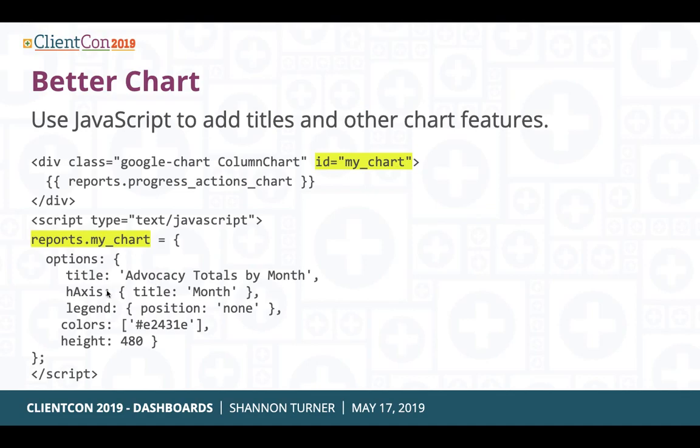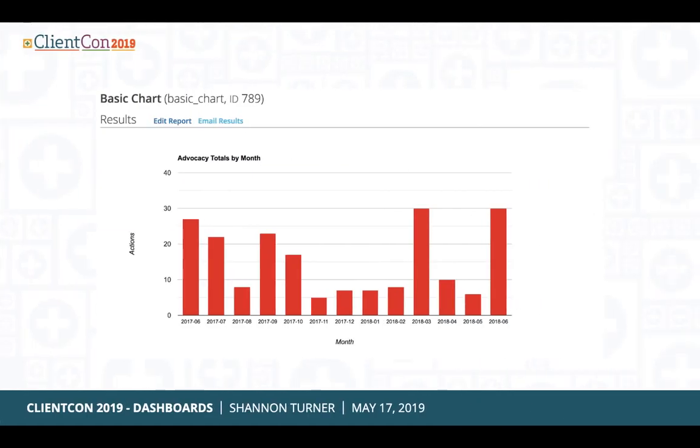I want to add a title, advocacy totals by month. I want to add an axis label. So the title of the horizontal axis is month. I want to get rid of the legend. I want to change the color, and I want to make the height exactly 480 pixels tall. And so we can see all of our changes reflected here. Looks good.